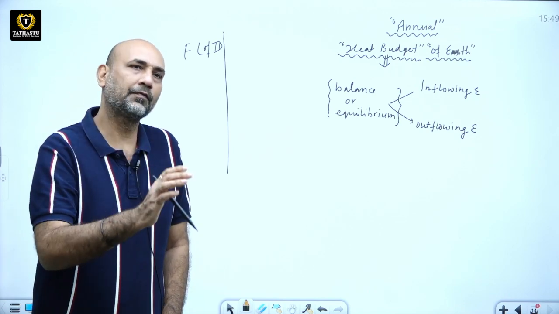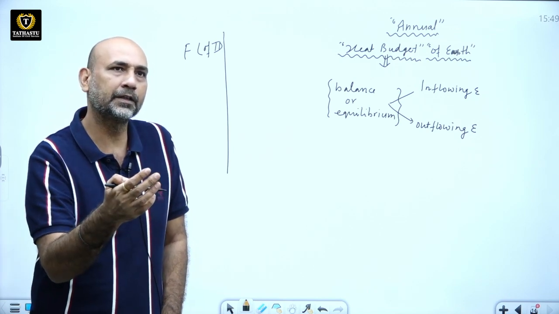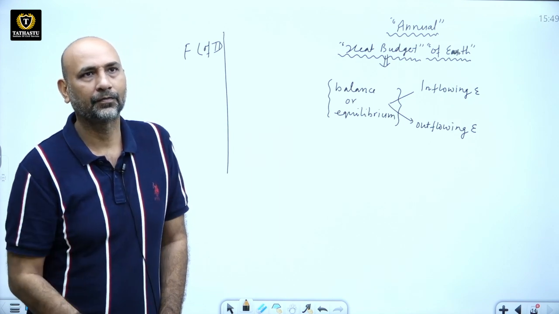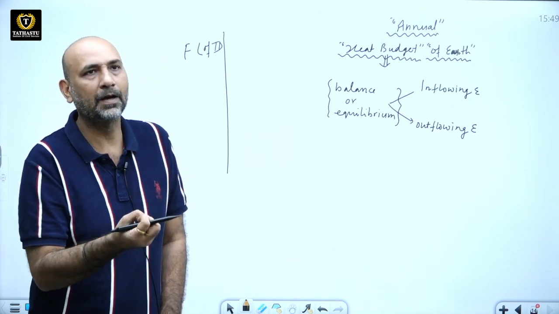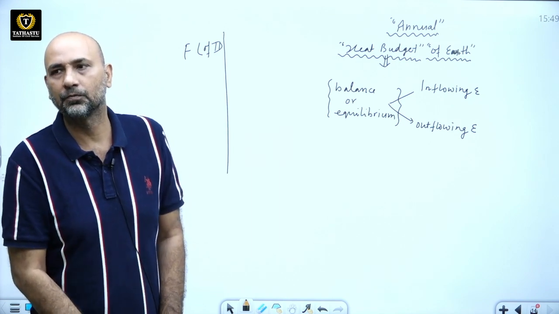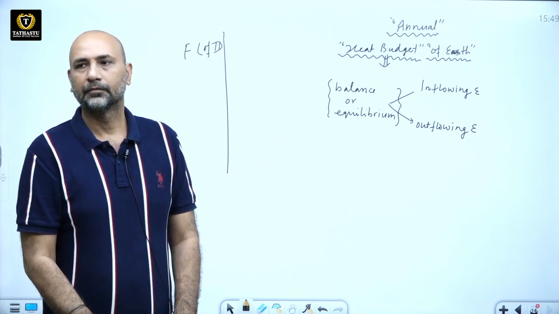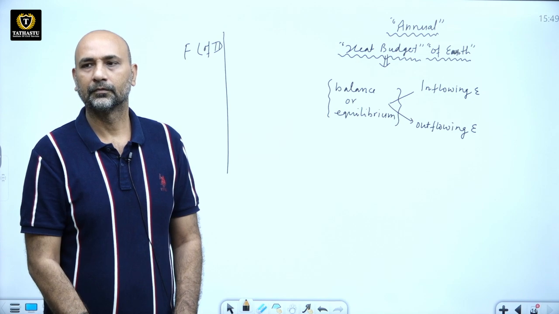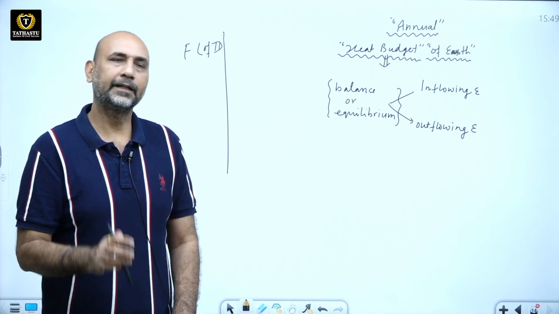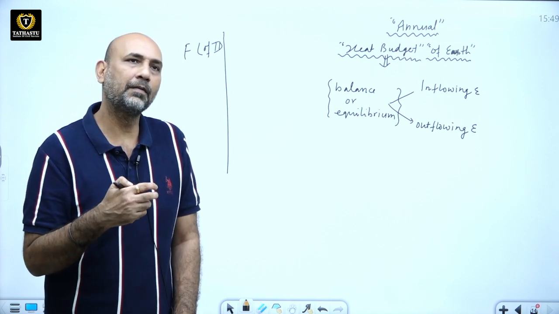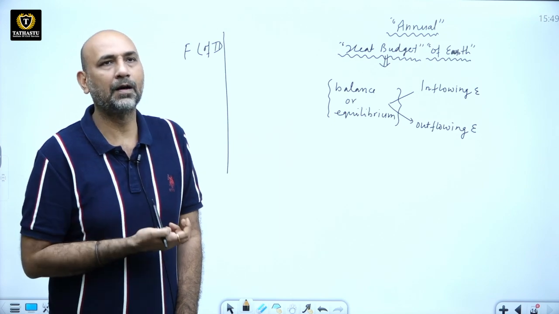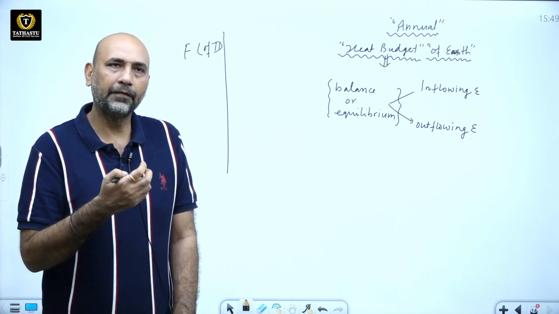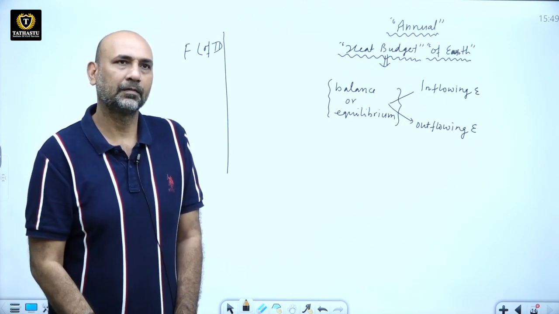Because to change one form of energy into another form of energy, a system needs to work. And in the work done by a given system, energy is consumed. So the ideal condition is one form of energy changing into another form in a given system of constant mass.